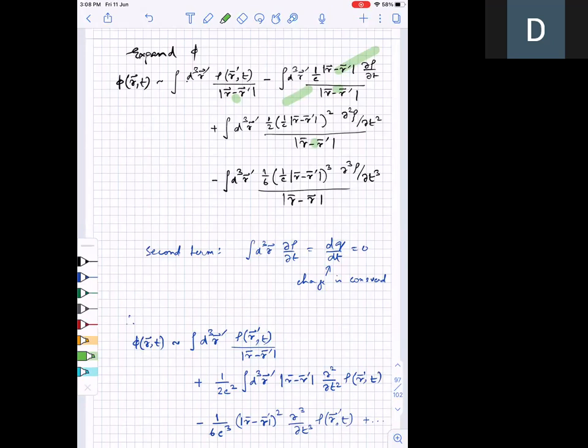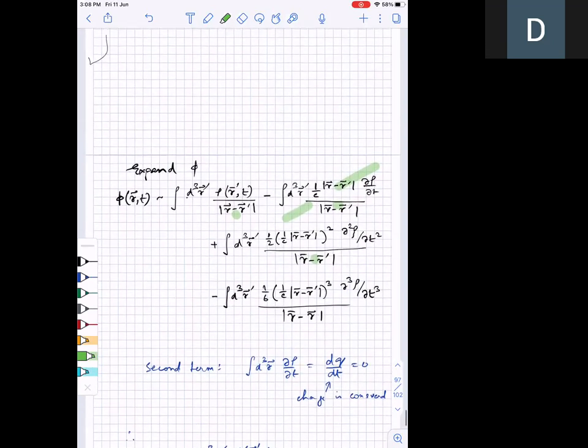The second term is gone. The third term, I have basically divided this r minus r prime in the denominator, so it cancels one power of r minus r prime in the numerator. So that's one power of r minus r prime remaining, and in the fourth term two powers of r minus r prime remain. That's it. And minus, plus, minus, the way it goes.